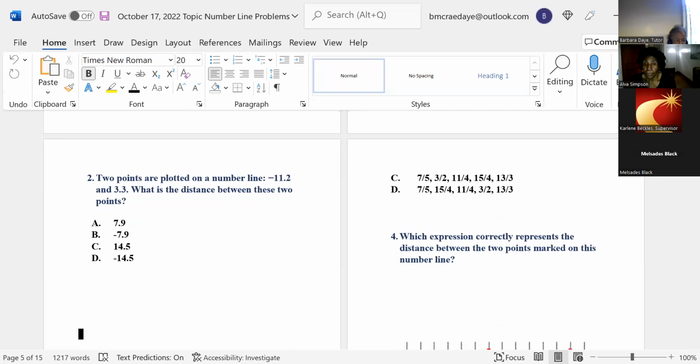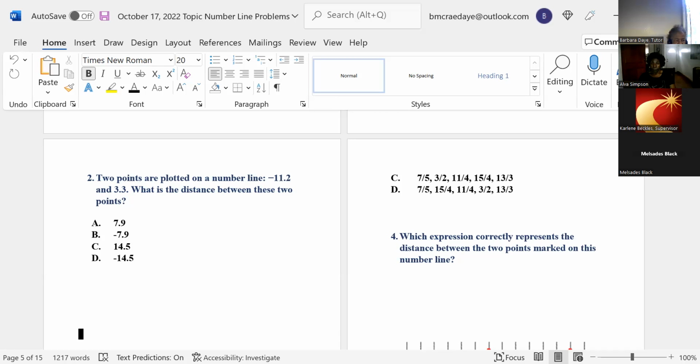Negative, you're on the left side. Positive, you're on the right side. What's the distance? How do you find it, Michelle? Subtract. You subtract negative 11.2 and 3.3. What do you get?